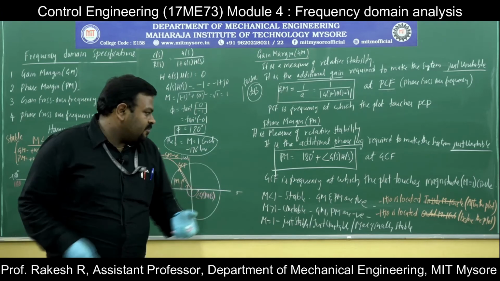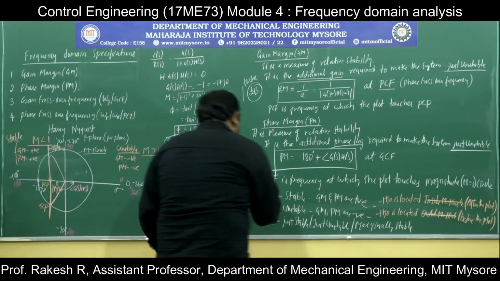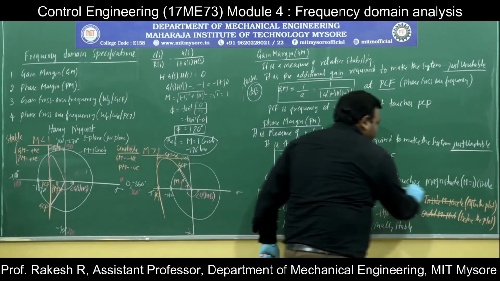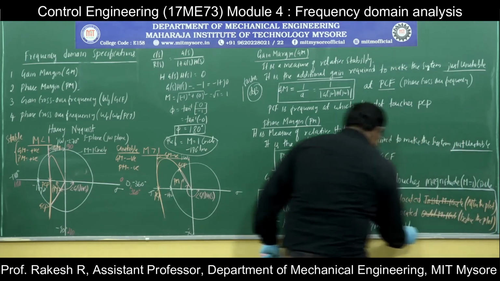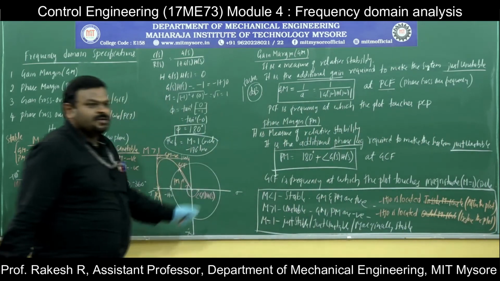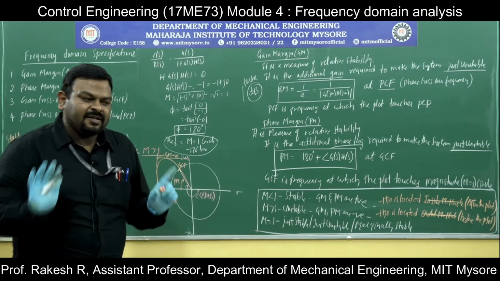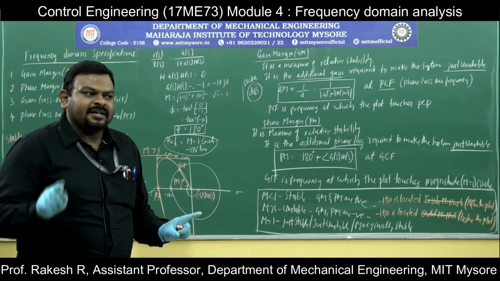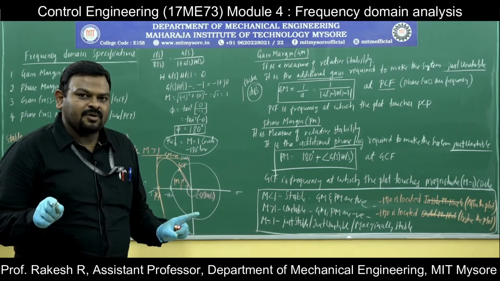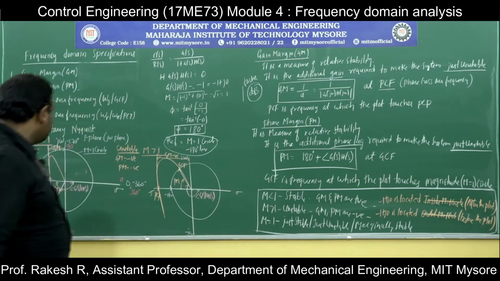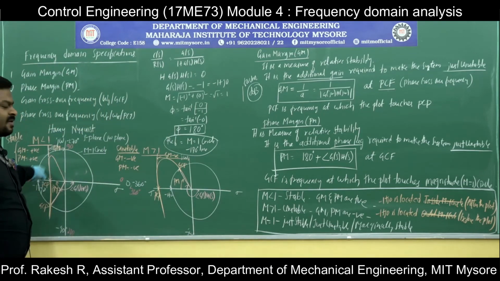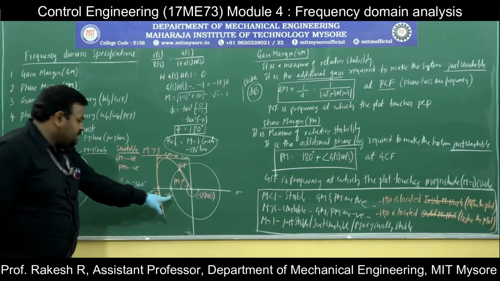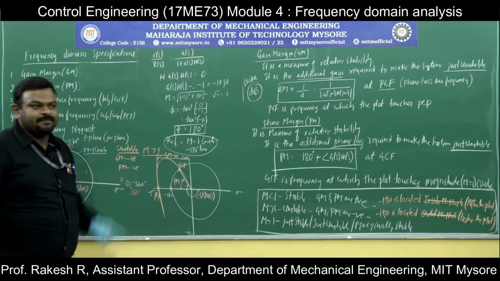These two things you have to know essentially, because the 20 marks problem is based on this. One is M less than 1, the system is stable, and the critical point minus 1 plus j0 is located after the plot. Similarly, when M is greater than 1, minus 1 plus j0 is located before the plot only.